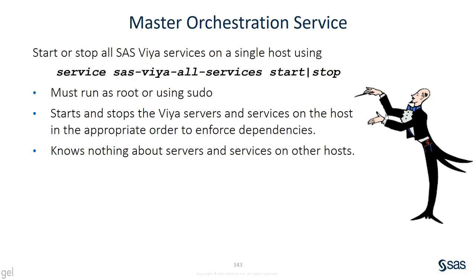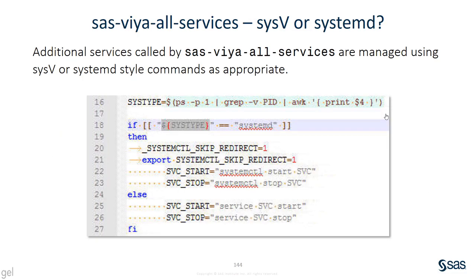It's responsible for starting all of the services on that machine. Not across all machines, but just on that machine. It has to be run as root or with sudo privileges, but it takes care of handling all the dependencies, starting things in the right order, and bringing up everything that Viya needs on that one machine.